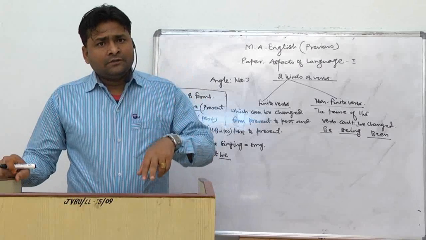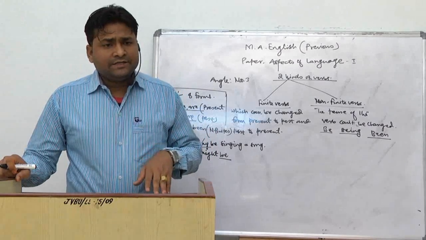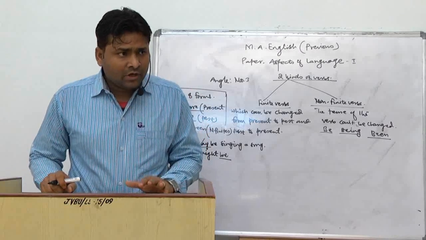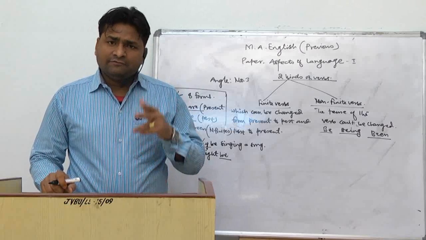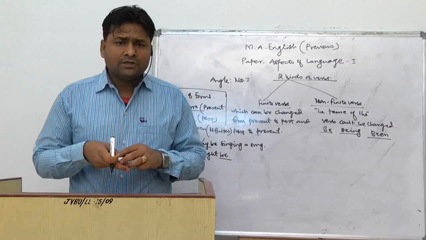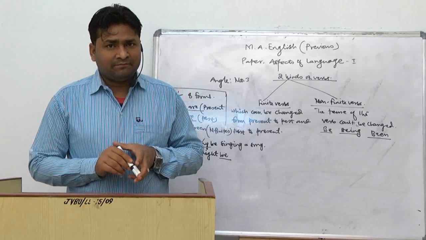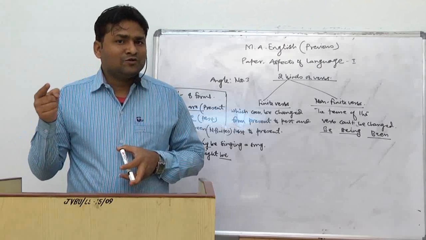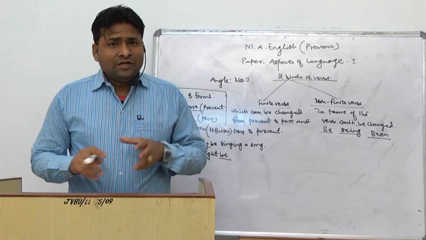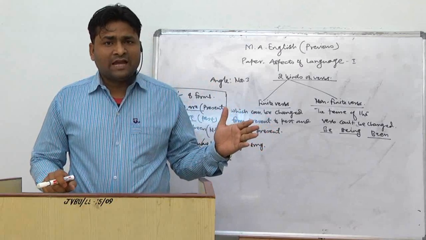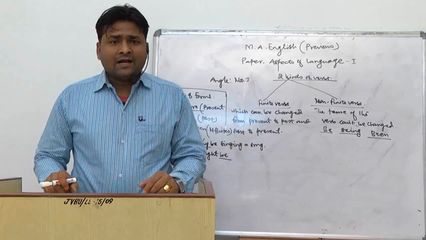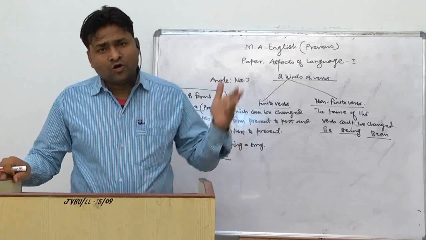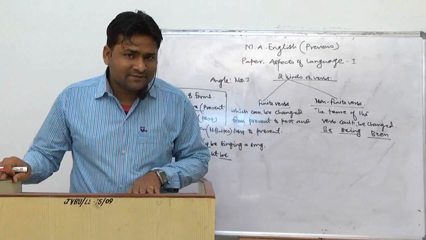In angle number 2, we discussed special verbs and ordinary verbs. Special verbs are called the friends of not because we can use not along with them, whereas ordinary verbs are those where we can't use not. Therefore, there are only 24 verbs where not can be used, and there are many verbs where we can't use not. Those verbs are called ordinary verbs.